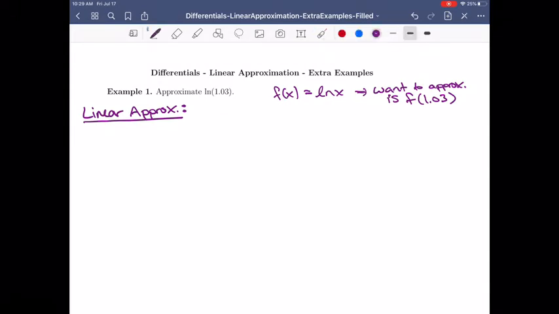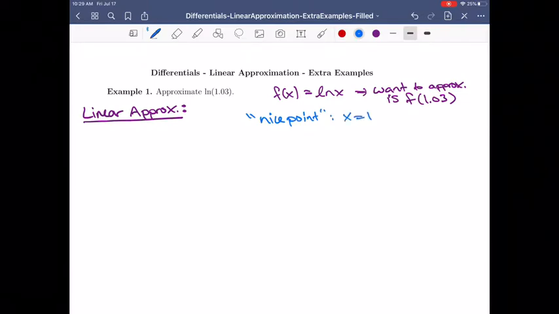So I want to find a nice point, something that's close to x equals 1.03, but where I know how to compute ln of it. Here I think the best point to use is x equals 1.